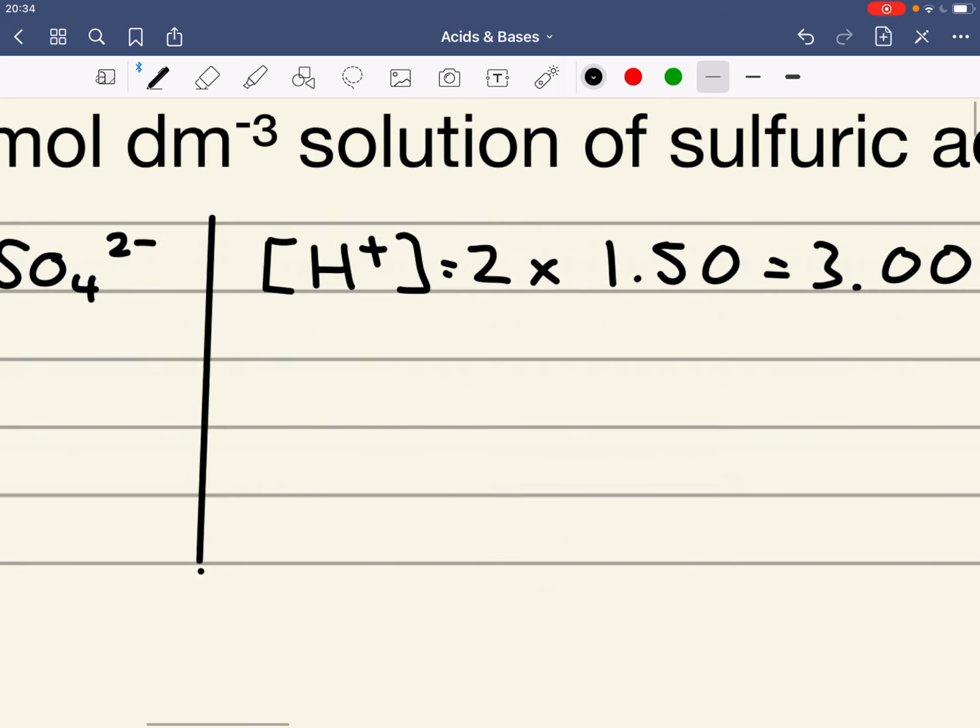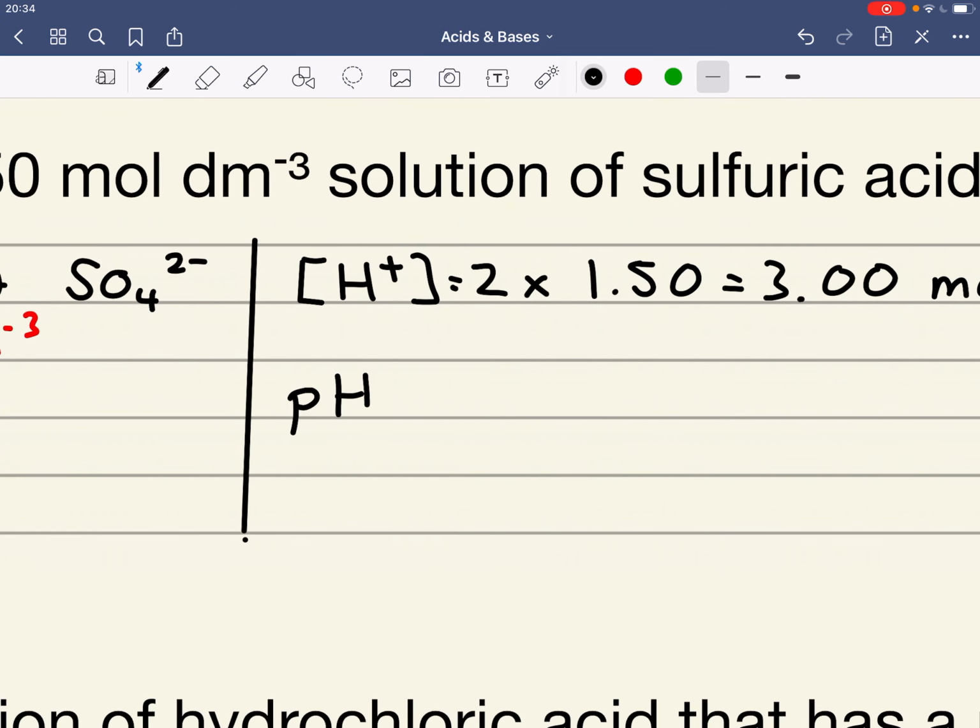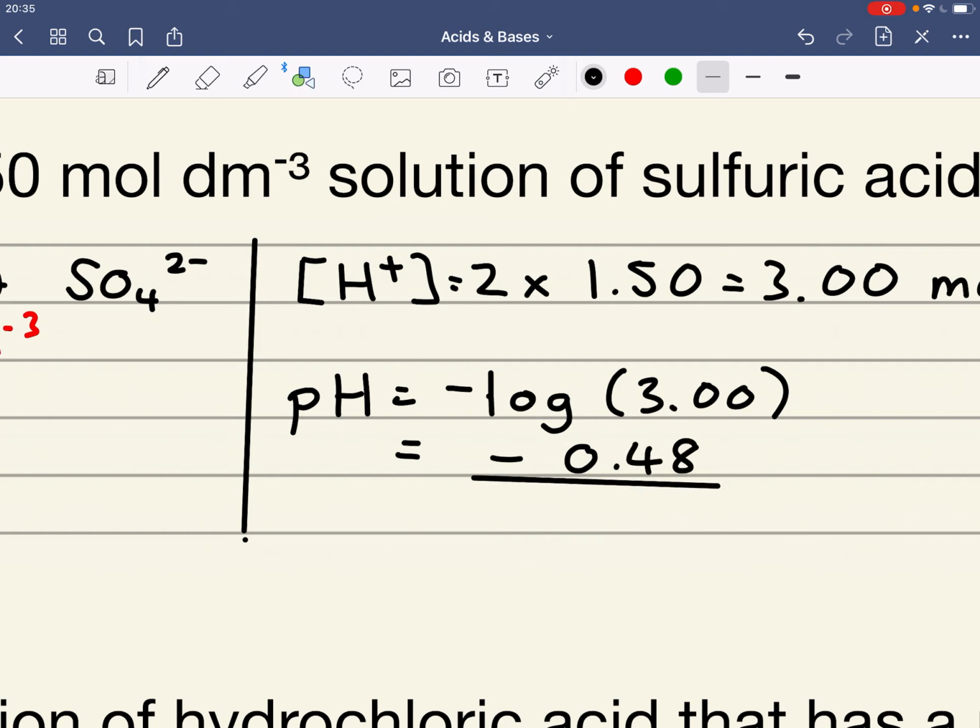So I would then do pH is equal to minus log of 3.0, and that would give me a pH of minus 0.48. Whenever we get a hydrogen ion concentration greater than 1, you will get a negative pH value.